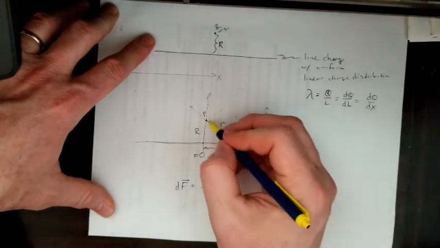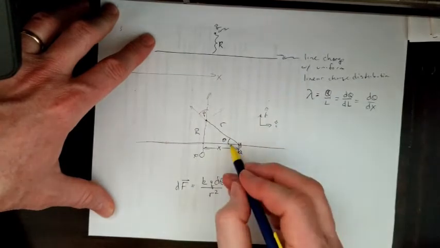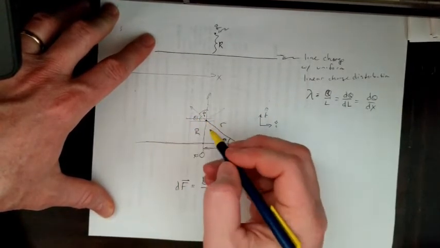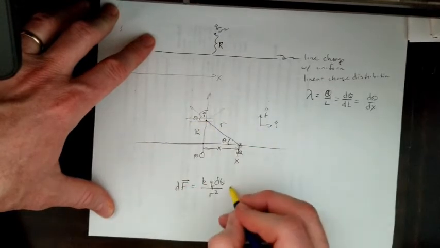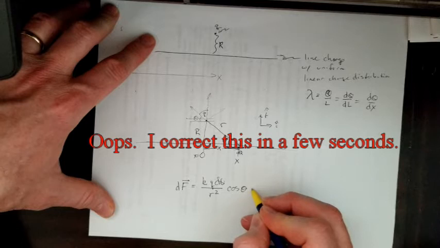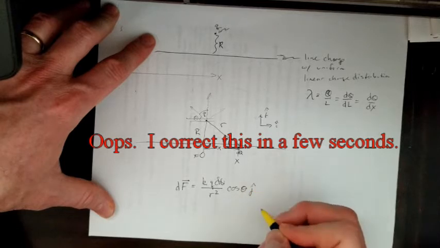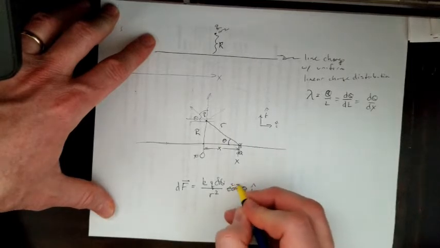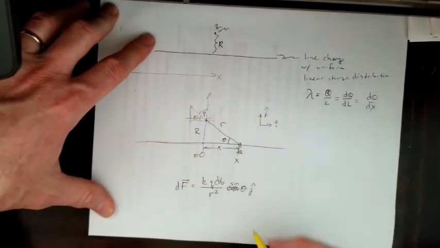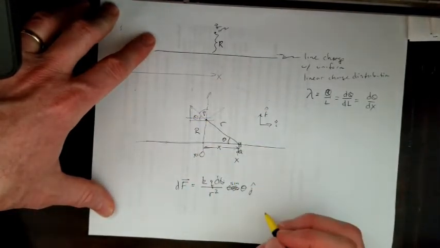So since the j hat survives, I need a component here. If that angle there is theta, this becomes sine of theta j hat. So sine is that part right there.